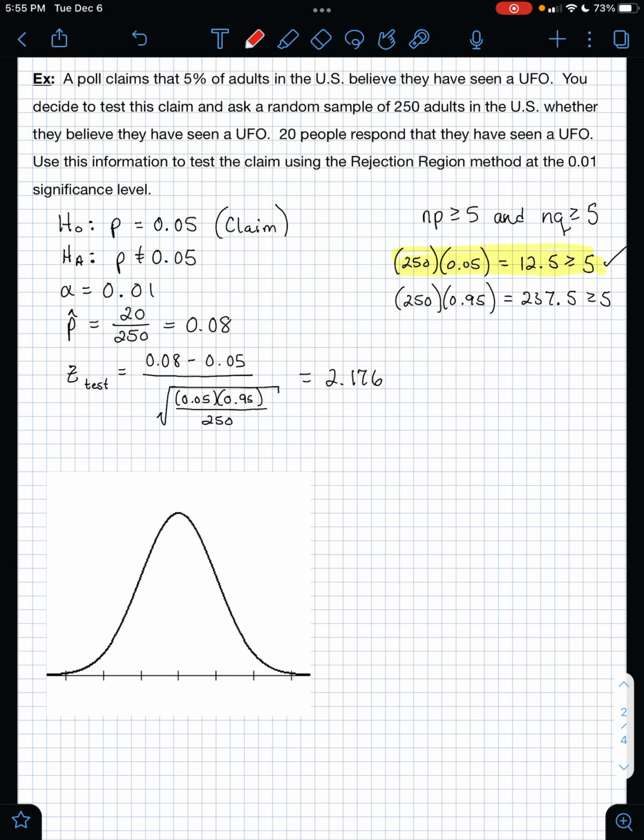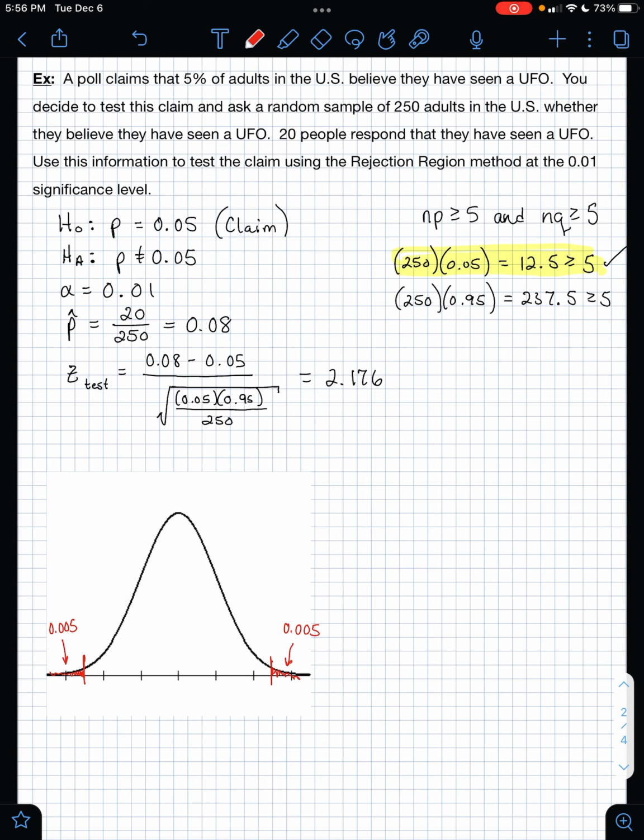So we have to take the 0.01 and split it between the two tails, so that we have an area over here of 0.005 and an area over here of 0.005.